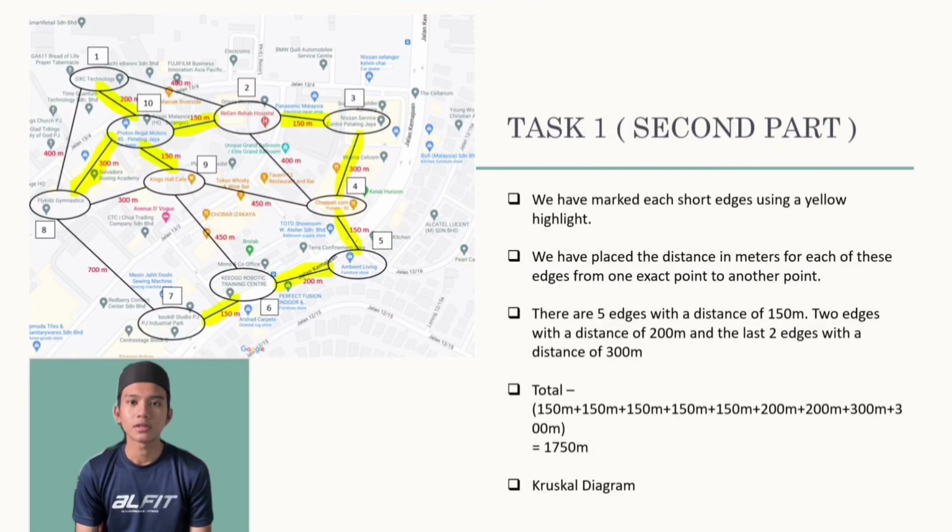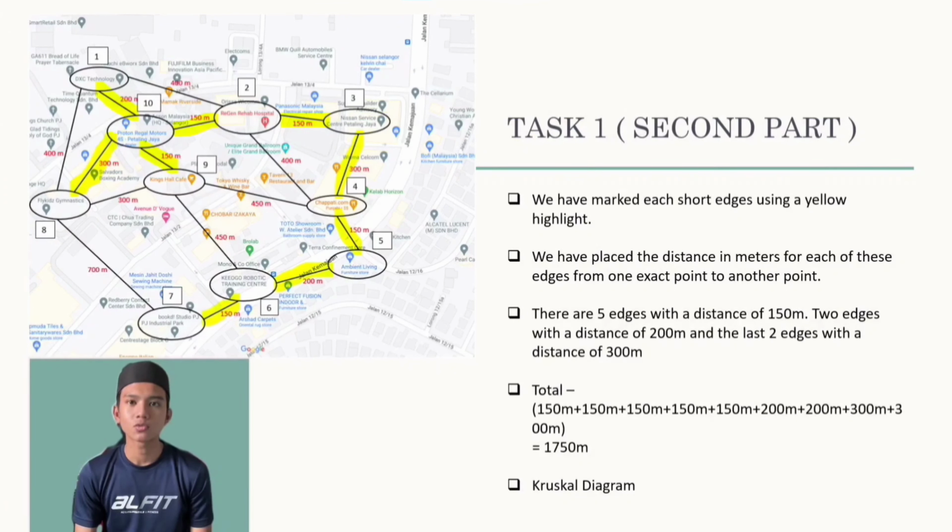Next, the question states that we need to show where the shortest edges are among the available edges across the 10 places mentioned. As you can see, I have highlighted the shortest edges in yellow in the picture I am showing here. The shortest edges that I marked are as follows.